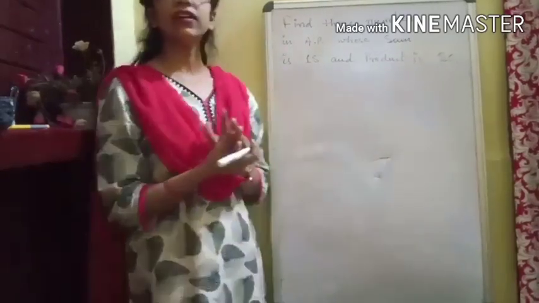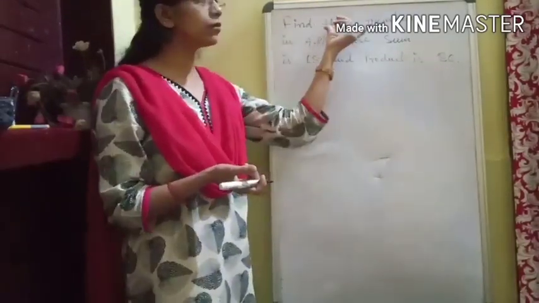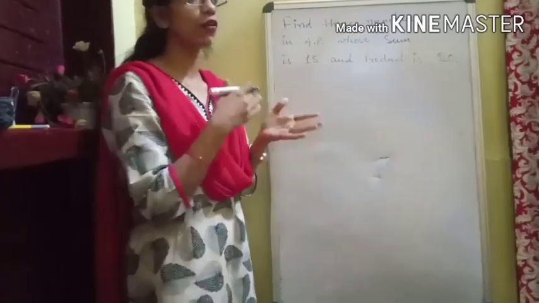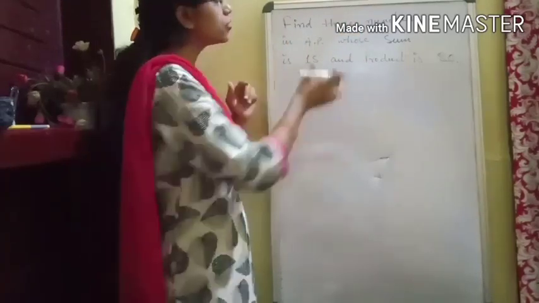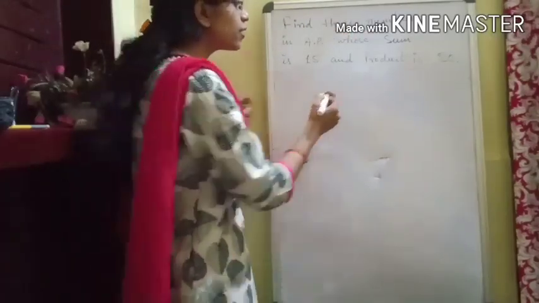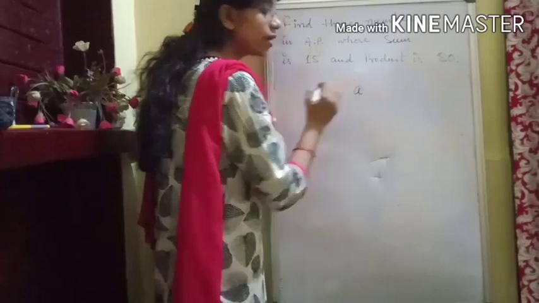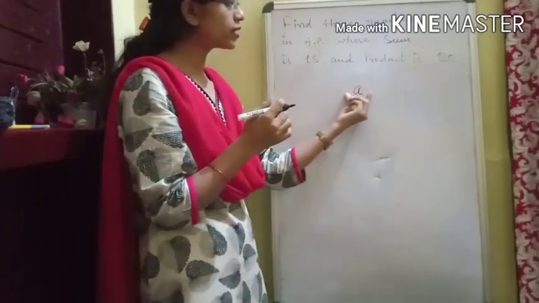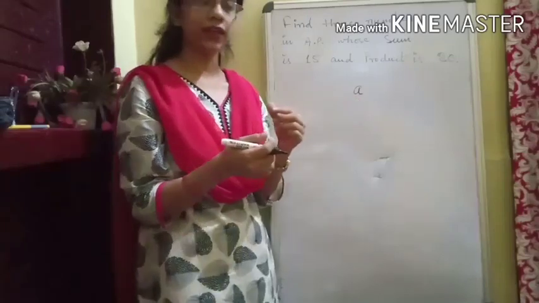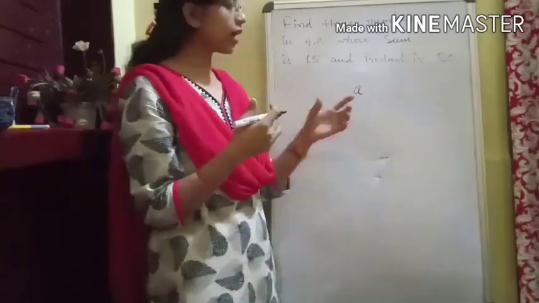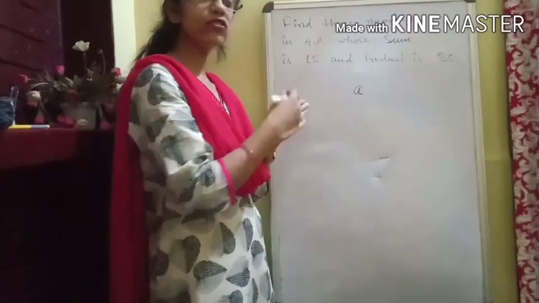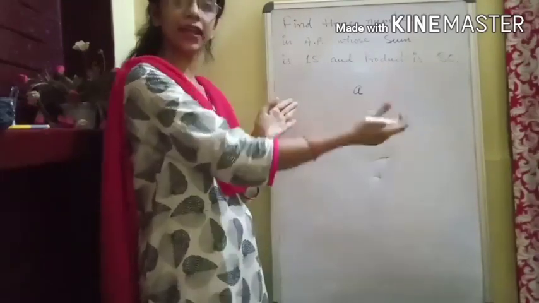So whenever you are asked to take three numbers in AP, or four numbers in AP, how do we take them? There is always a way. Since they are asking you to take three numbers in AP, let's say one number is a. Now you know that in an AP, whenever we add the common difference to one term we will get the next term.